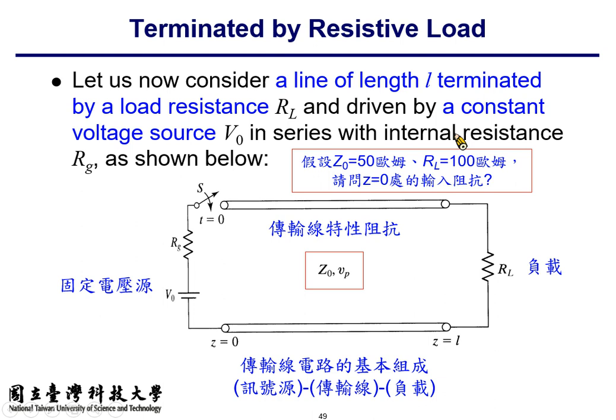Even though at the very beginning, due to the switching-on event, we have something going on in this transmission line system, eventually it will saturate or converge to the DC case. So this is the so-called transient analysis.